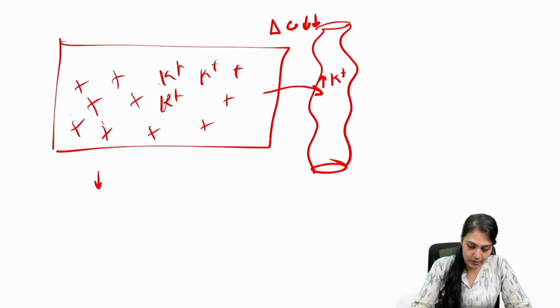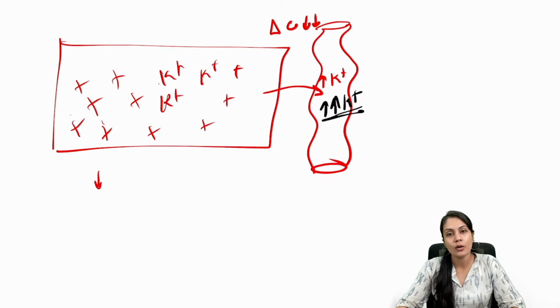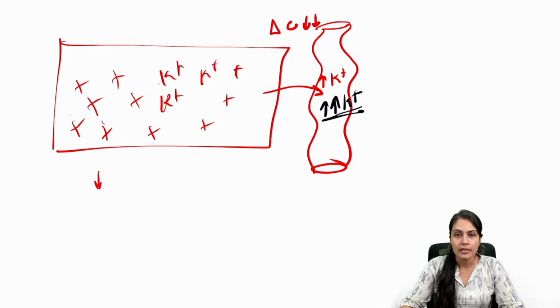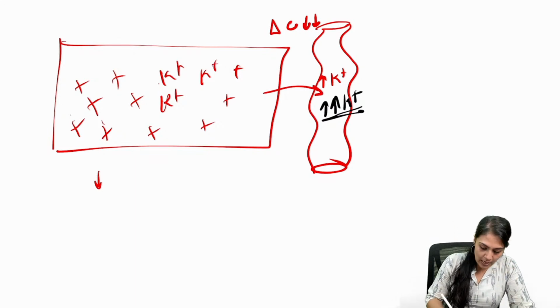I was talking about persistent depolarization, that continuously, let's say for a few days, the potassium levels are higher outside. What is going to happen? More potassium will remain inside the cell, and the cell will adapt to that situation and stop making the action potential.